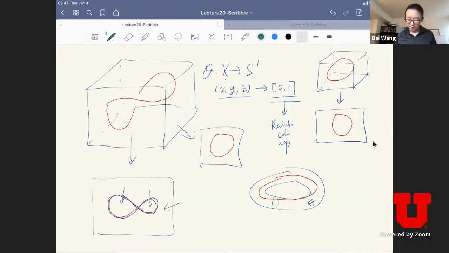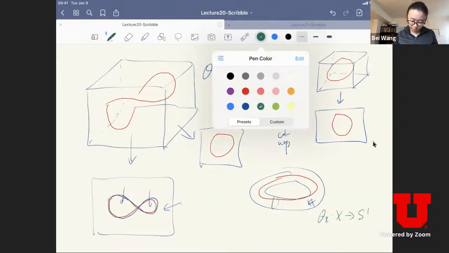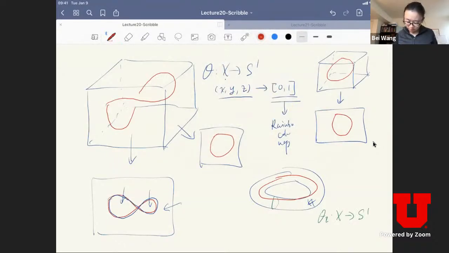So what's happening is that there are going to be 2 parameterizations. There is a parameterization of the entire point cloud into S1 for the blue circle, and then there is a second parameterization of the entire point cloud with respect to the other circle. As you see in the visualization, for theta 1, the rainbow color goes around the main tunnel. For theta 2, the rainbow color goes around the green tunnel.